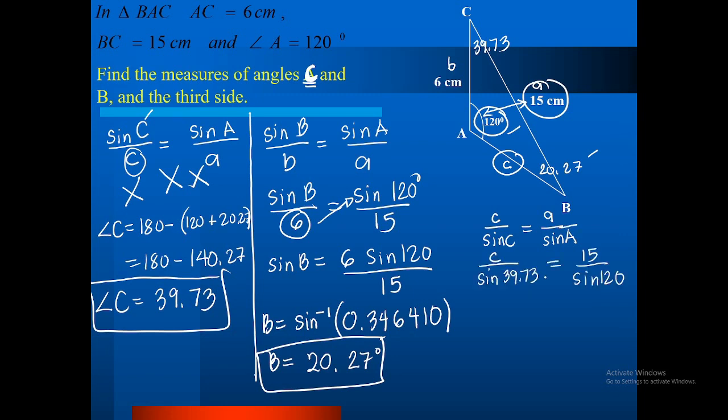So, this sine 39.73 moves to the other side, so 15 times sine 39.73 all over sine 120. Please use your calculator now. How much is the third side, c?